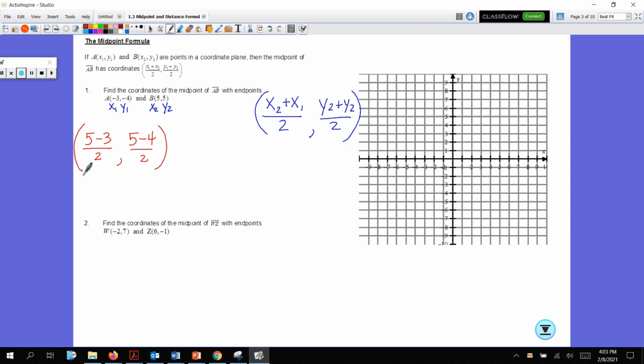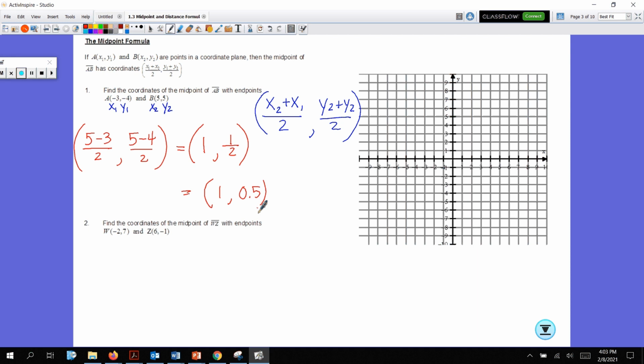Now I need to simplify this. 5 minus 3 is 2. 2 divided by 2 is 1. 5 minus 4 is 1. 1 over 2 is still 1 over 2. You could write 1 comma 0.5. That would not be wrong. But that is the midpoint with those endpoints.